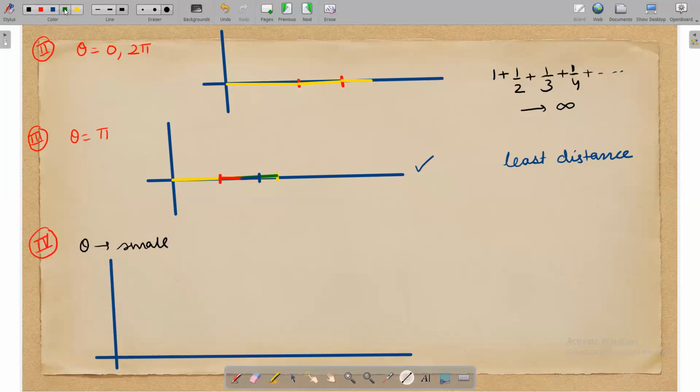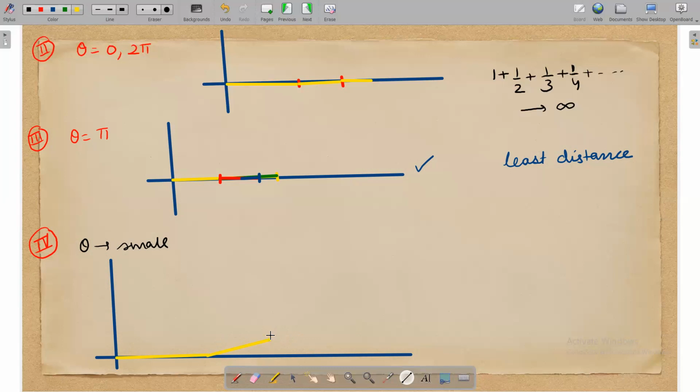In the very first step, he's moving in the positive real axis by a distance of 1 unit. Okay, he stopped here. Again, he will start moving by spinning himself through an angle of theta, but I'm taking theta very small. The distance that he's going to cover is only 1/2.